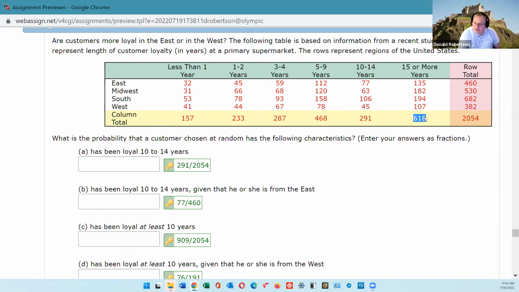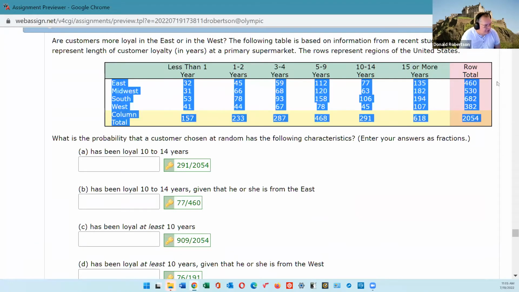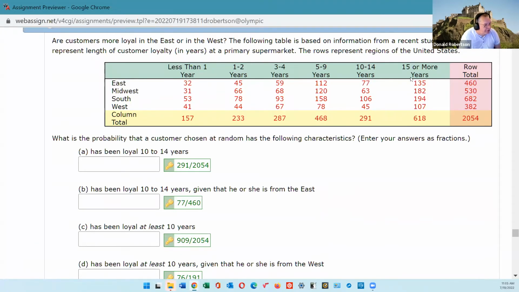Okay. Now let's turn the story on its head. Suppose I told you that they were from the East. What's the probability that they would be 15 years or more? That would be 135 out of 460. So you see that 135 stays the same, but is it out of 460 or is it out of 618?